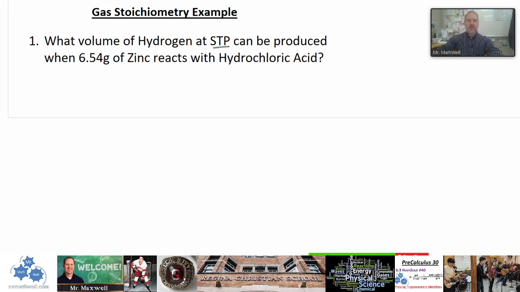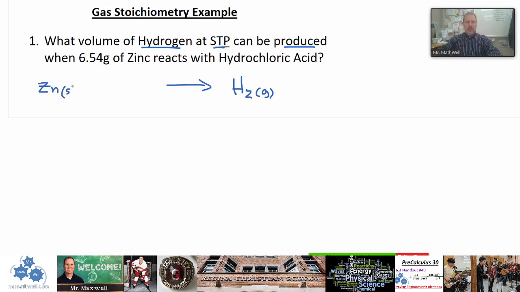So let's do that. So what are we given? It says what volume of hydrogen at STP can be produced. So it looks like I have H2 as something in gas form being produced, on the right side of the equation, when 6.54 grams of zinc, so we have solid zinc, so that's Zn.